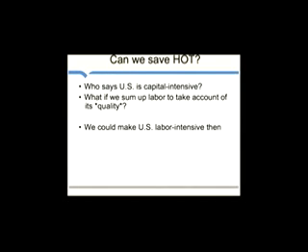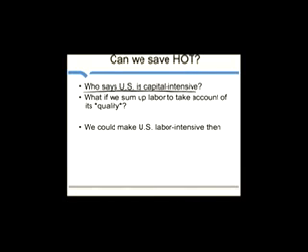So given all these problems, can we in fact save the Heckscher-Ohlin theorem when it comes to empirics? And it turns out there actually is a way forward which makes the theory more defensible. Let's go back to the original Leontief critique. Leontief classified the United States as capital-intensive. But you might ask, well, who says the United States is in fact capital-intensive?